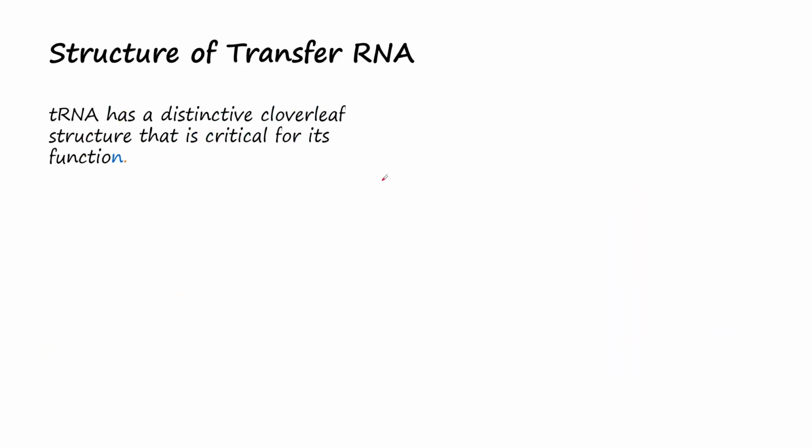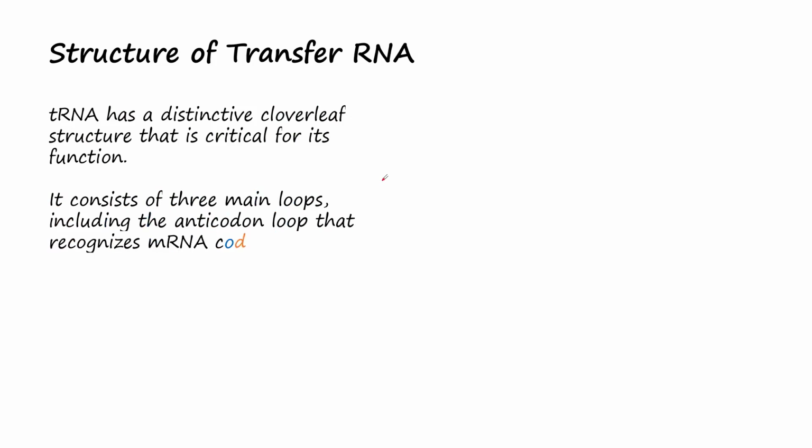Transfer RNA has a distinctive clover leaf structure, which is critical for its function. So if you ask what is the shape of the transfer RNA, it has a clover leaf structure, and it consists of 3 main loops, including the anticodon loop that recognizes mRNA codons.